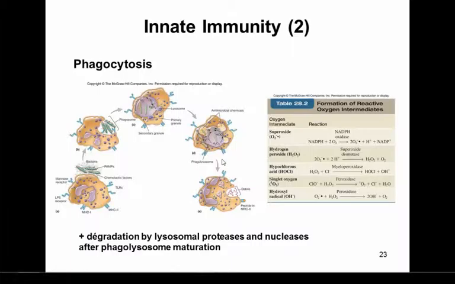So in order for these to work and degrade the bacterial cell, they need to be activated by low pH. Okay, you also have lipases, DNases and RNases. You also get lysozymes secreted into the phagolysosome and antibacterial peptides.